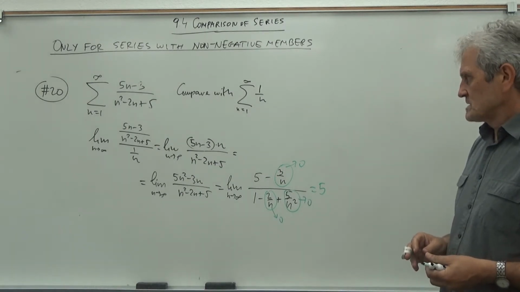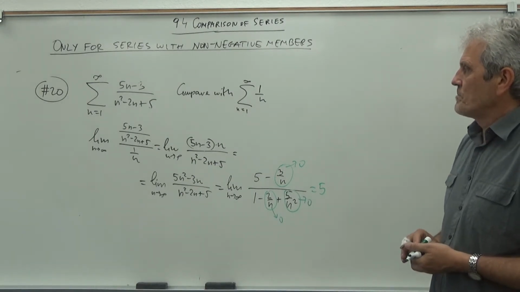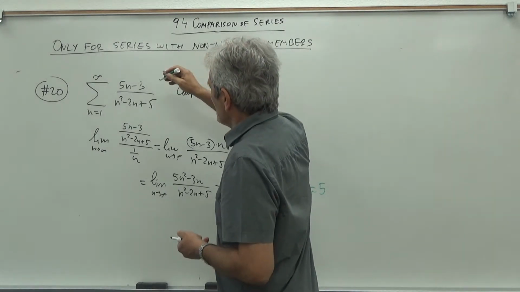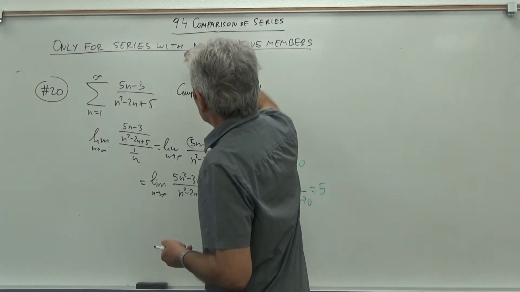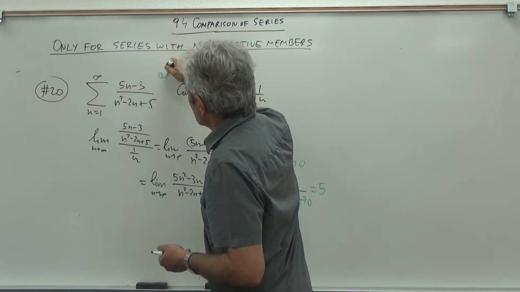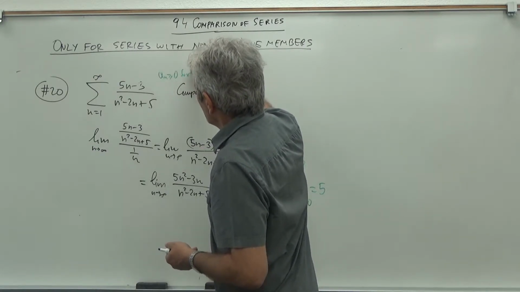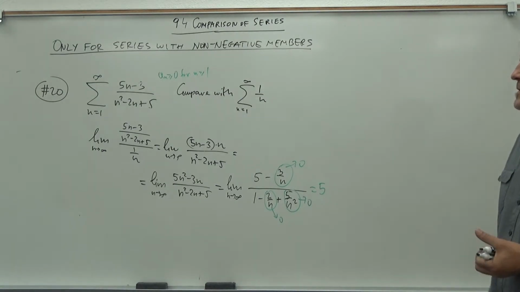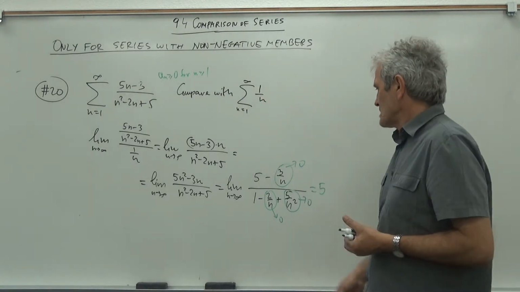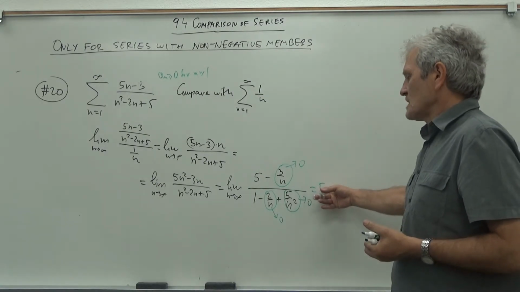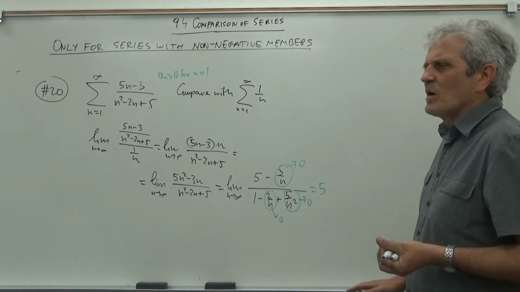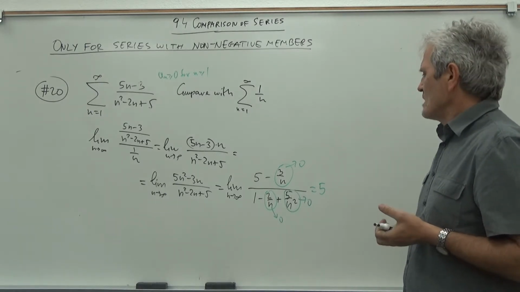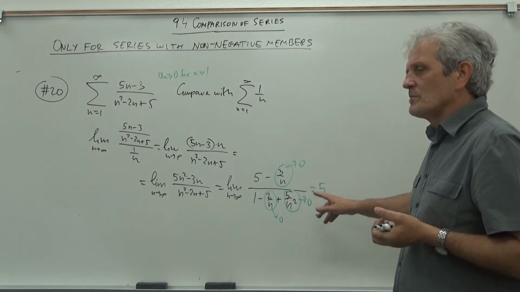According to our test, let me record that we checked that a_n is greater than or equal to 0 all the time. So the members are positive, and since I got a finite limit, it doesn't matter how big it is, 5. We'll learn other tests in future sections where it's important if the number is bigger than 1.